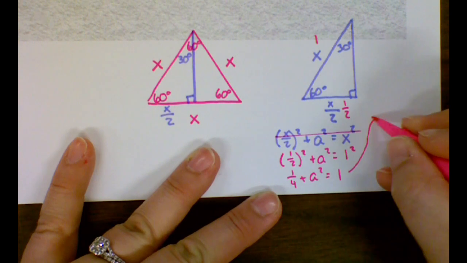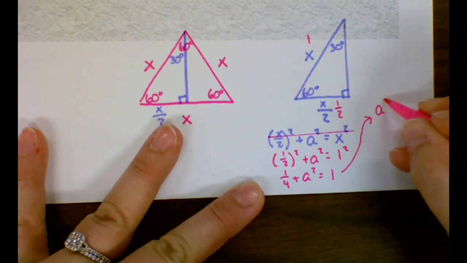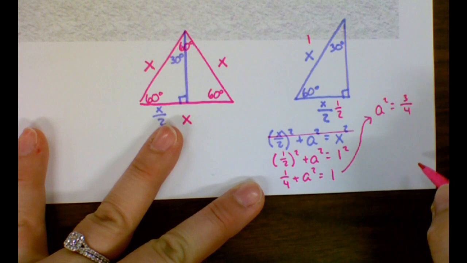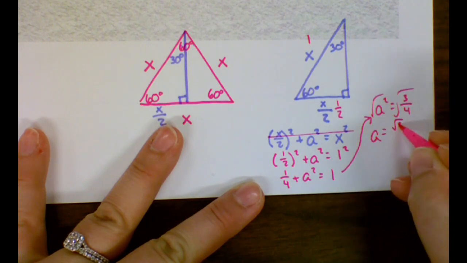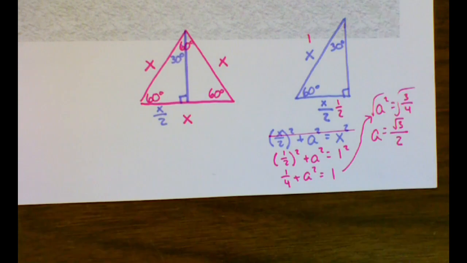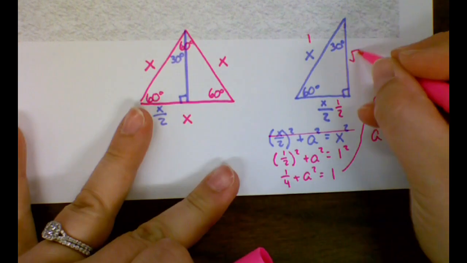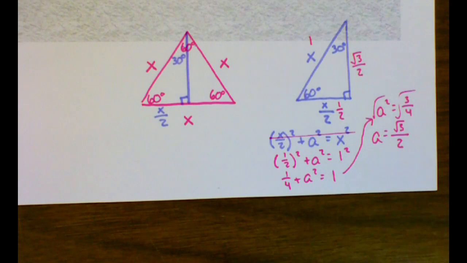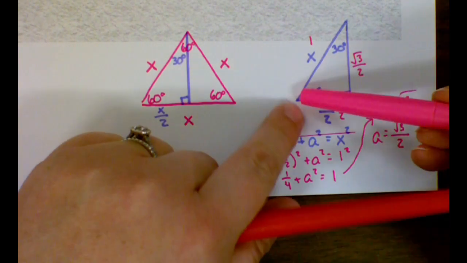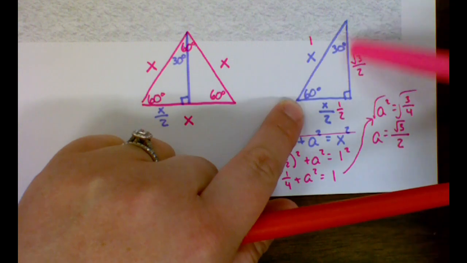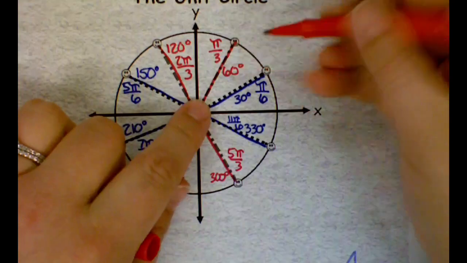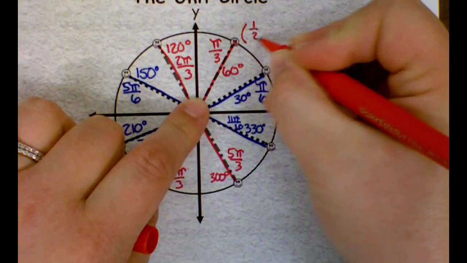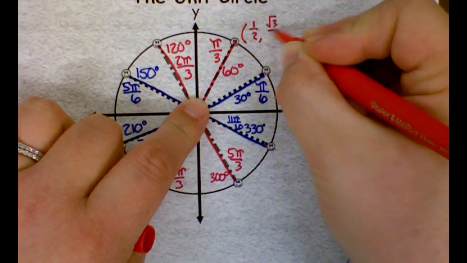Which means a squared equals 3/4. Square root both sides. A equals the square root of 3 over the square root of 4, which is 2. This side is square root of 3 over 2. We just found the coordinates. For a 60-degree angle, we go over 1/2, up, square root of 3 over 2. So for my 60-degree angle, I went over 1/2, up, square root of 3 over 2.